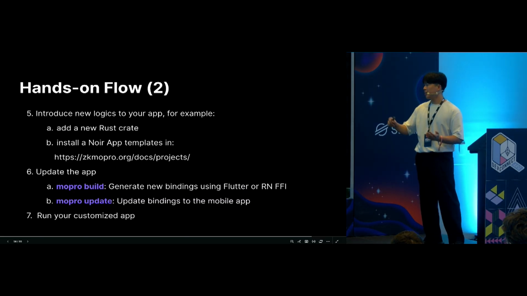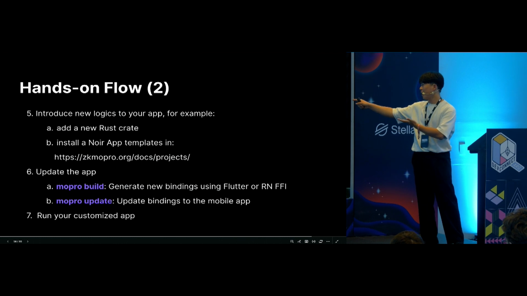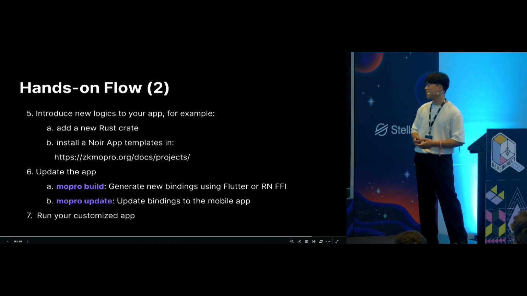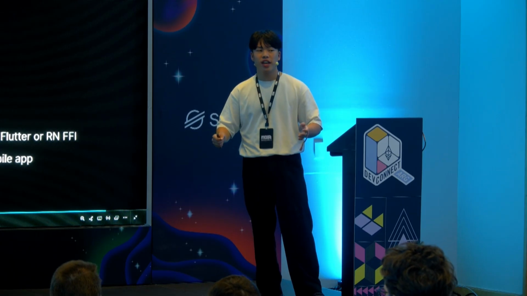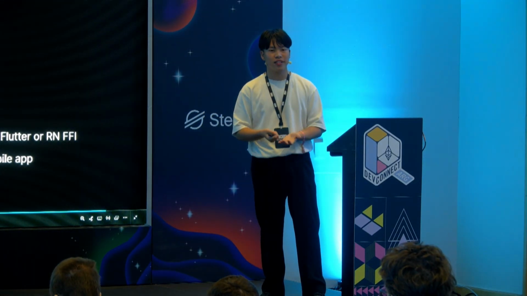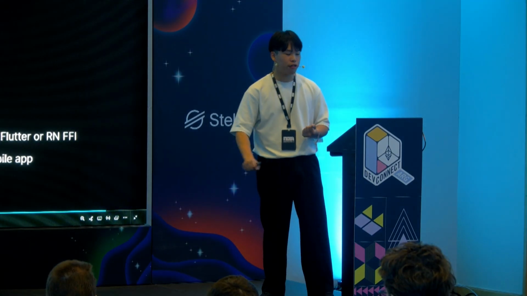You can either add a new Rust crate, or try our other Noir app template, and then run Mopro build again to generate the new bindings for it, and run Mopro update, so that we help you update this FFI to the correct place in your app.